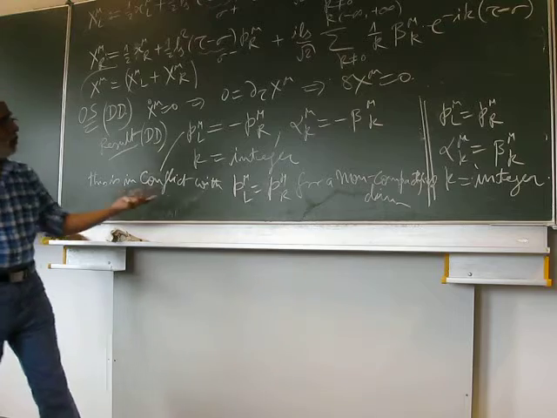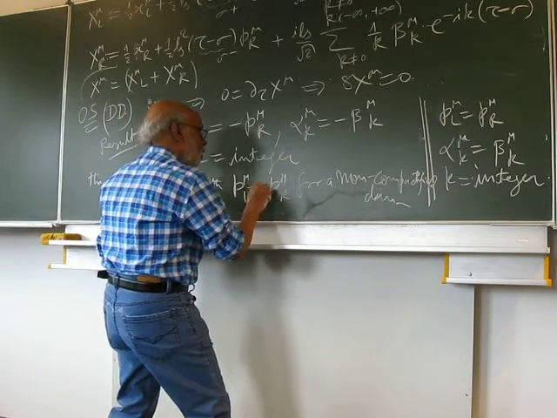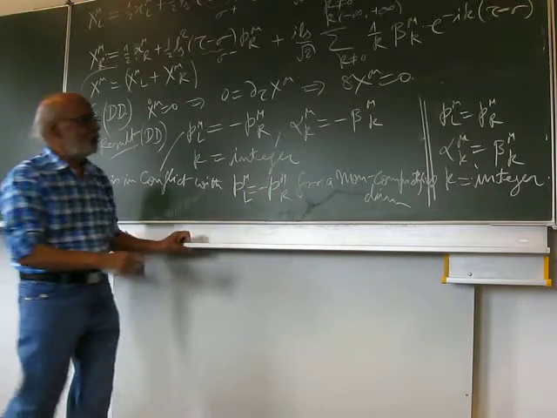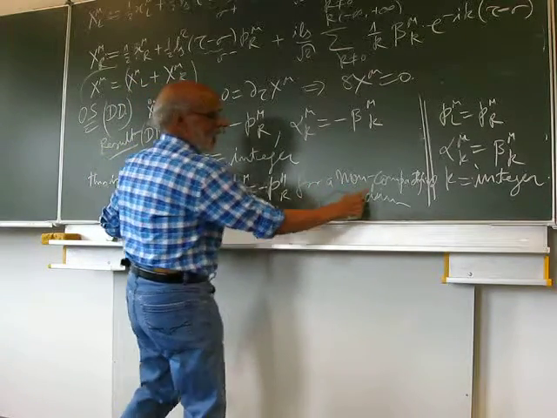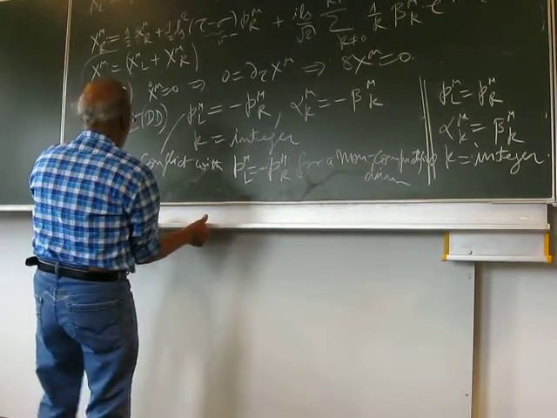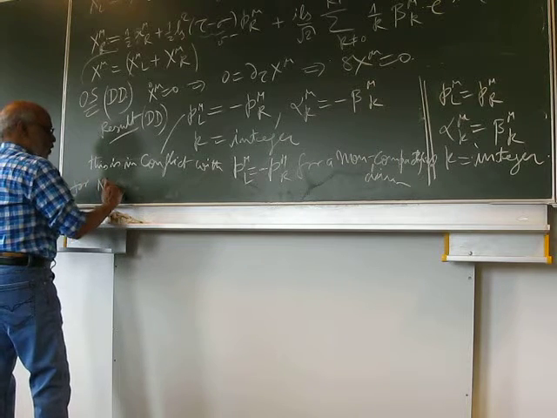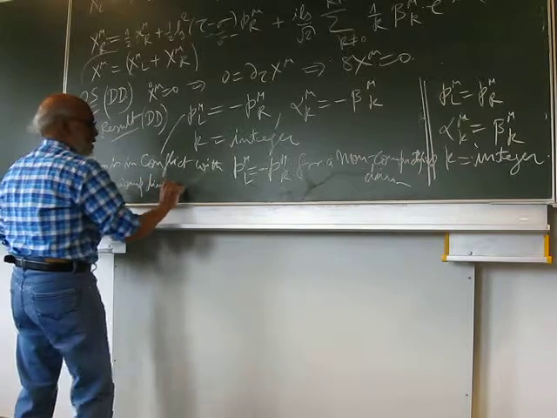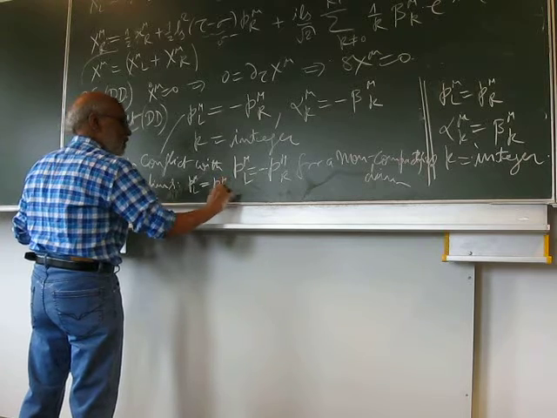You see, PL mu equal to minus PR mu is in conflict with the case for the non-compactified dimensions. For non-compactified dimensions, PL mu is always equal to PR mu.